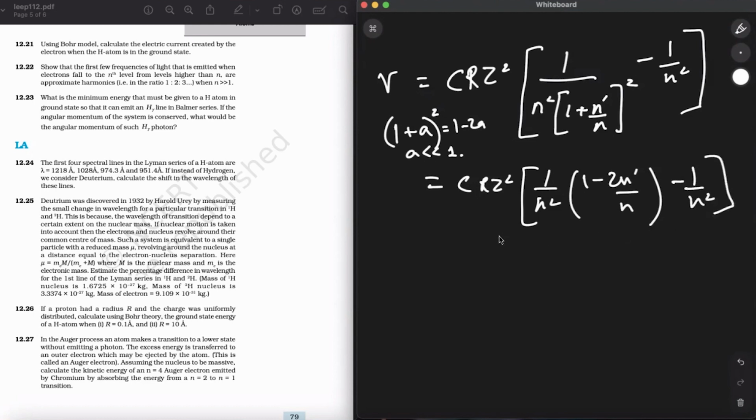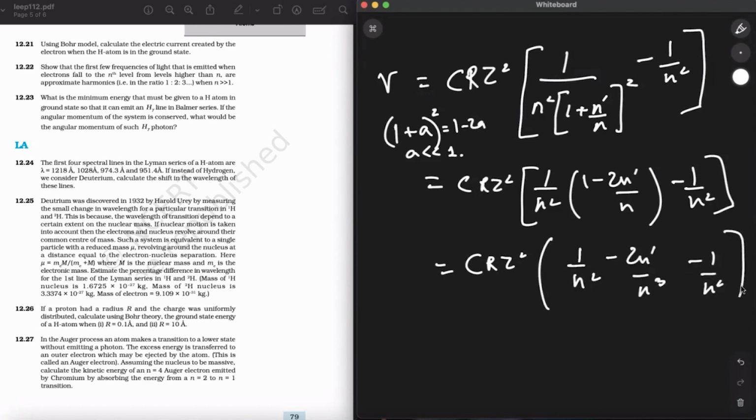Alright. Now moving forward, I can open this up. CRZ square 1 upon n square minus 2n dash upon n cube minus 1 upon n square. So what will be left with? CRZ square 2n dash upon n cube, right?